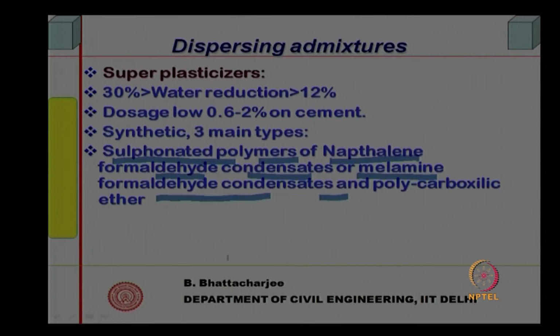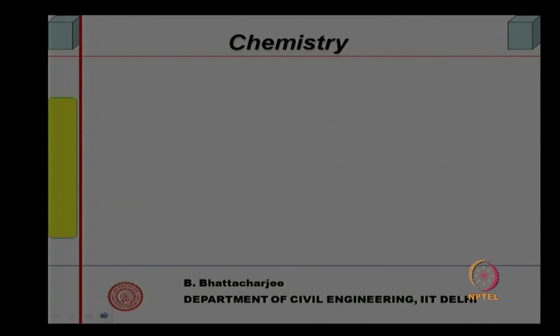And the third variety is polycarboxylic ether. So, these are the three varieties of superplasticizer, and that includes the hyperplasticizer as well. Chemically they are of this kind.